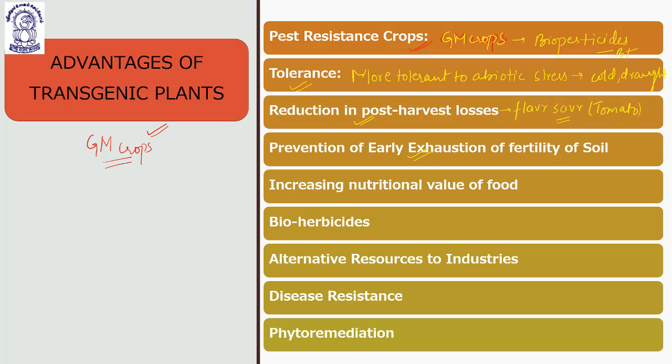Prevention of early exhaustion of fertility of soil: it helps to increase the efficiency of mineral usage. Increase nutritional value of food: genetically modified plants enhance nutritional value, like golden rice, which is rich in beta carotene, a provitamin.